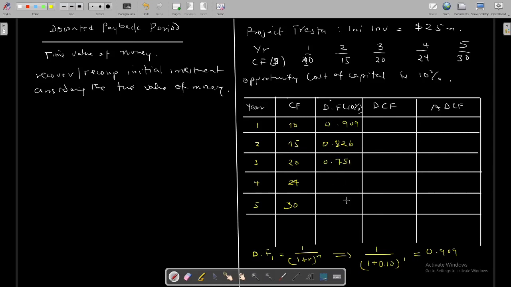Year 4 will give us 0.683, and year 5 will give us 0.621.